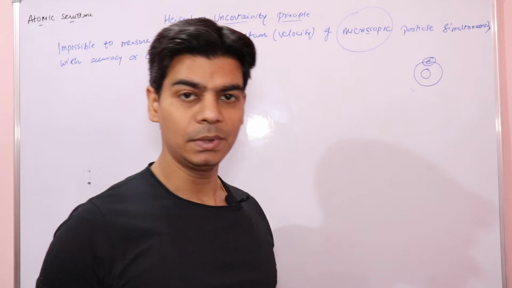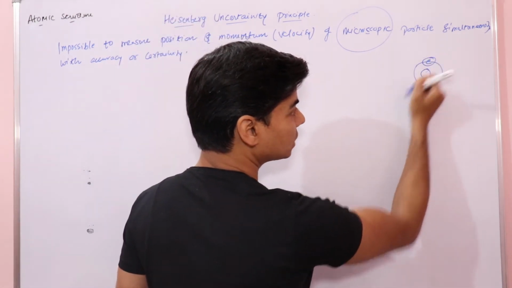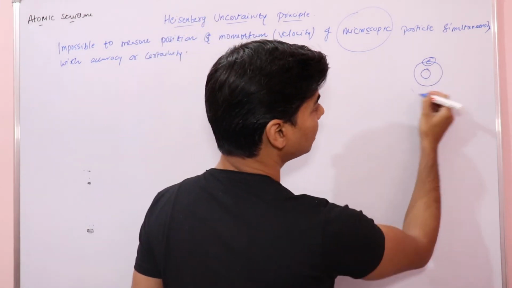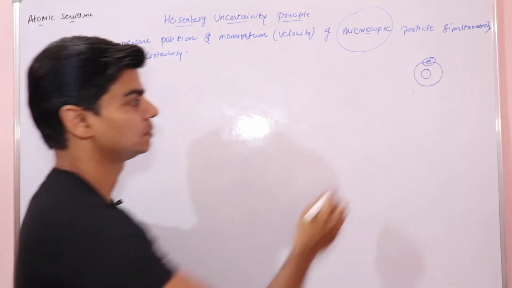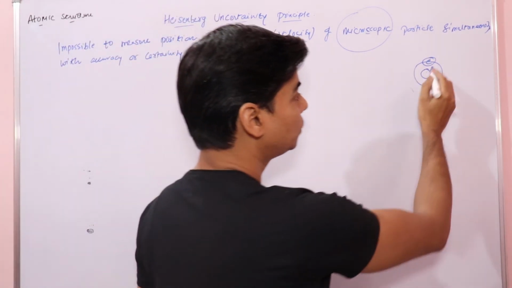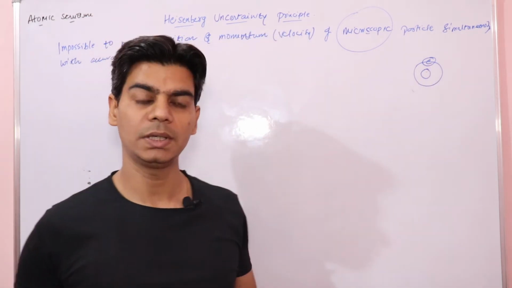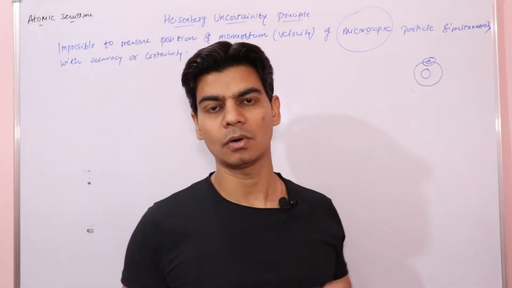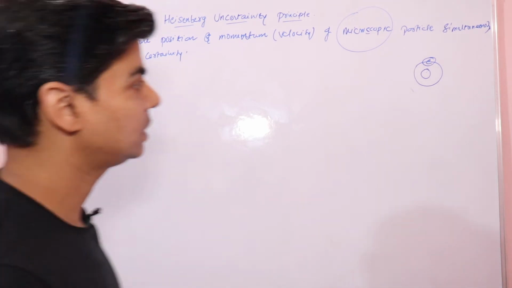At any time you cannot determine the position of this electron and its velocity at the same time around this nucleus. So the position and momentum or velocity of this electron cannot be determined simultaneously with accuracy or with high degree of certainty, at any time.